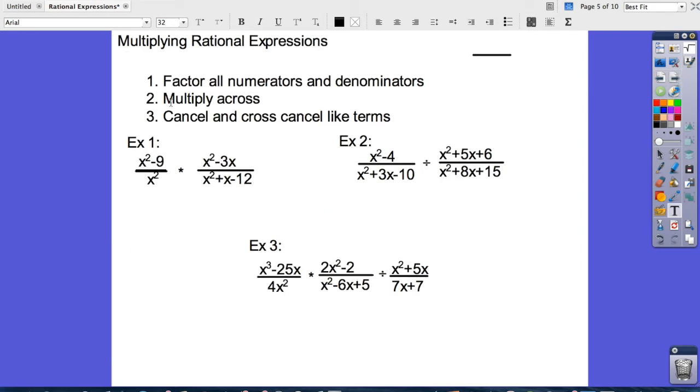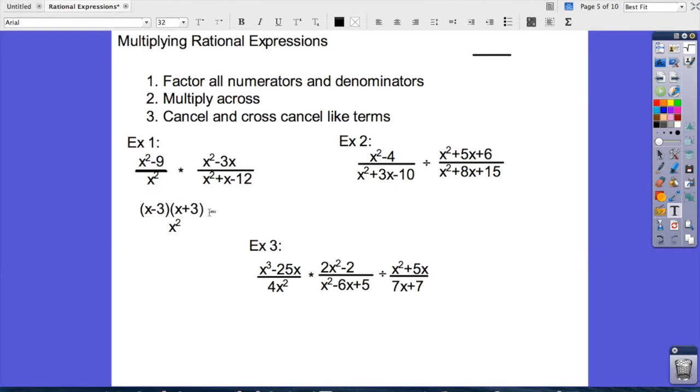Multiplying rational expressions. Again, same exact thing. We're going to factor all numerators and denominators, multiply across, and then cross cancel like terms. So let's take a look at example 1. So we have x minus 3 times quantity x plus 3 divided by x squared.